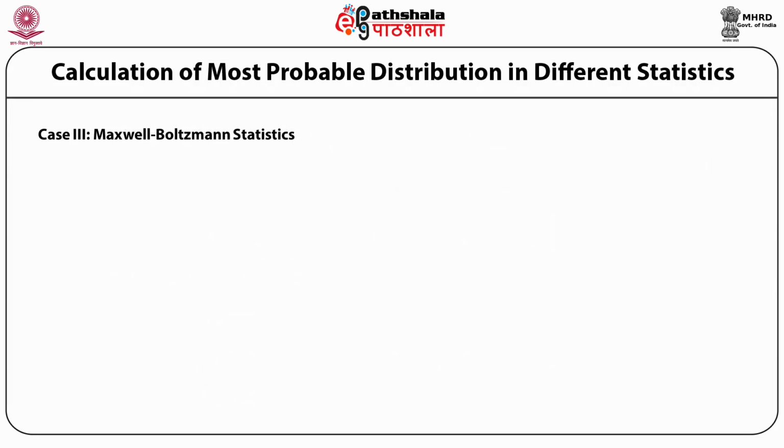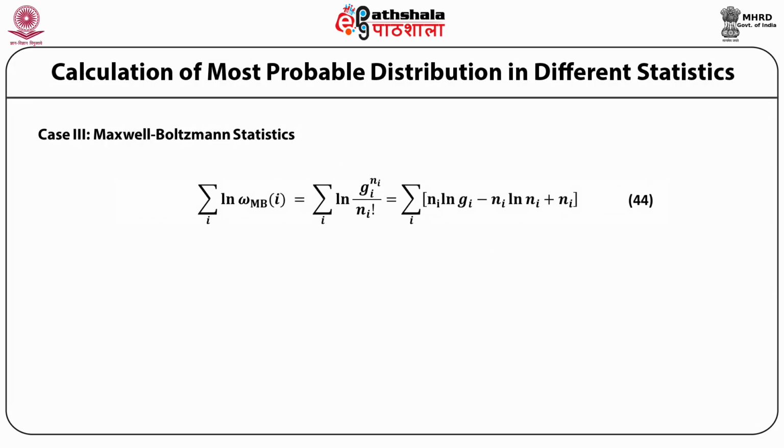Case 3. Maxwell-Boltzmann statistics. Summation over i log of omega over Maxwell-Boltzmann statistics is then equal to summation over i log of gi raised to power ni divided by ni factorial, which is equal to summation over i ni log of gi minus ni log of ni plus ni.